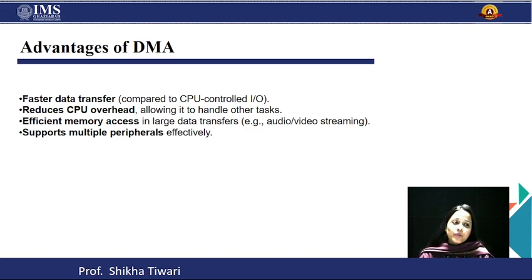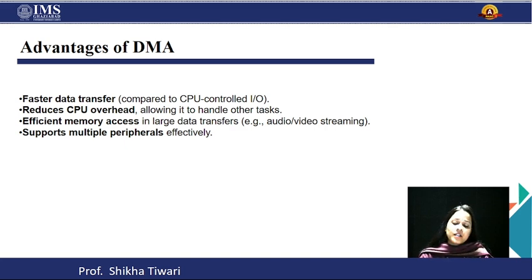So if the CPU is not able to perform any task effectively, then what is the sense? So DMA was introduced so that faster data transfer can be done without the intervention of the CPU, and to reduce the CPU overheads so that it can do another important task.